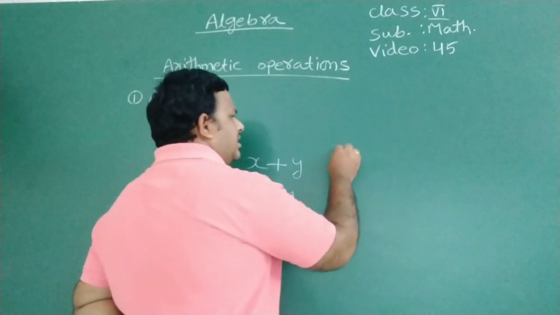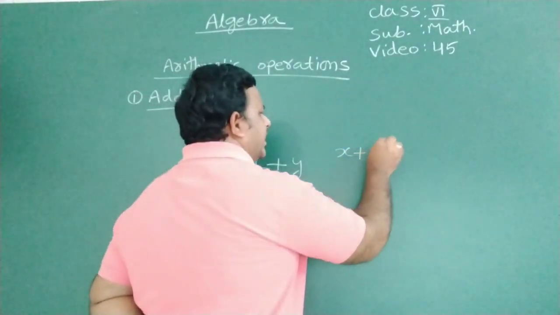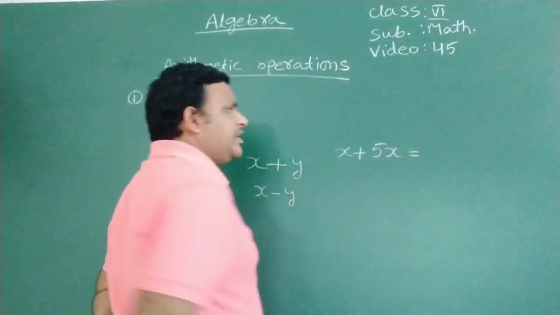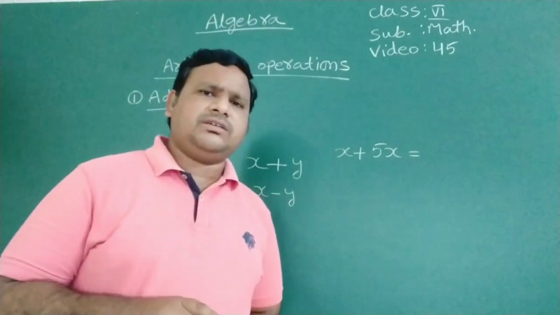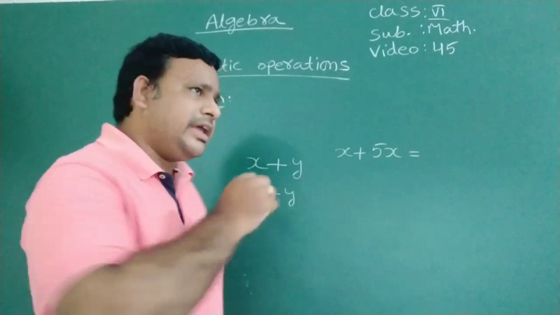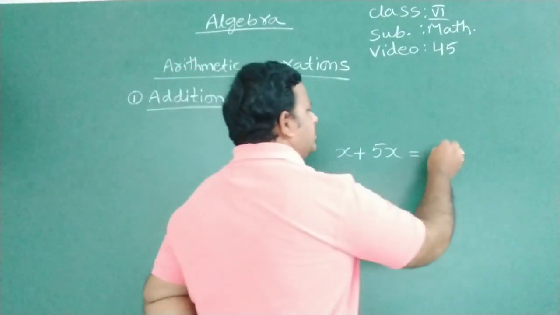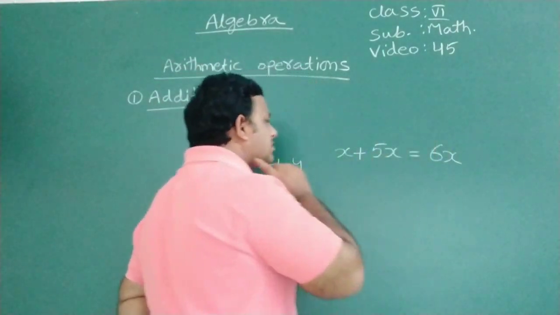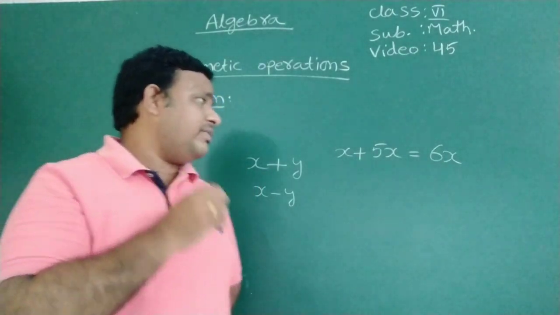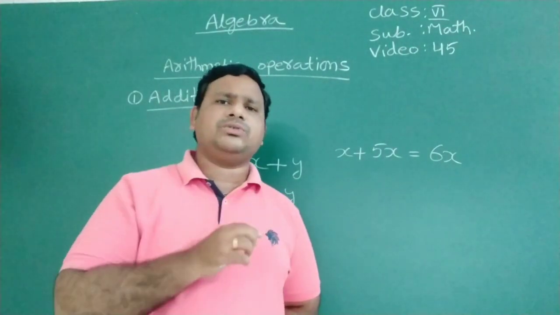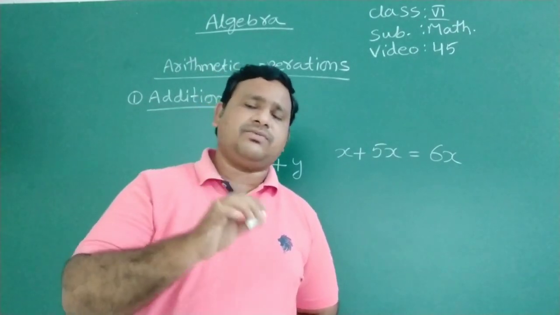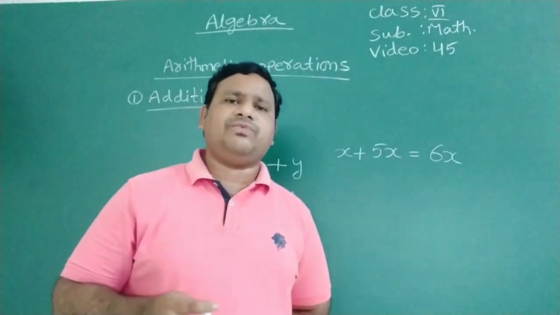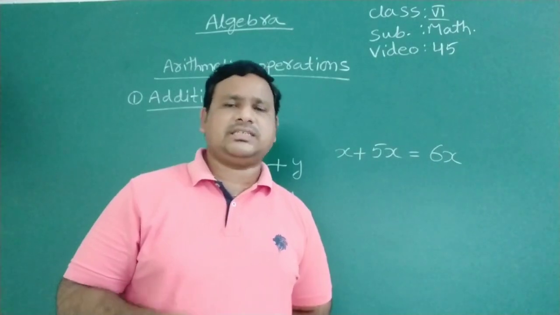Suppose x plus 5x is there. Can we do anything? Yes, we can do. x plus 5x will give 6x. So here we are able to add those terms, x and 5x, and we will get 6x.